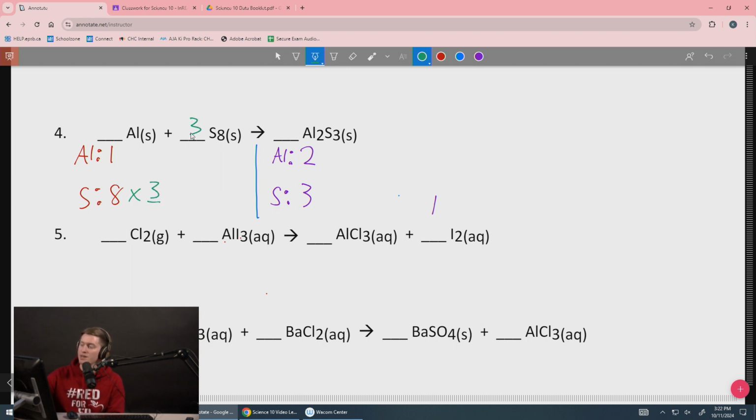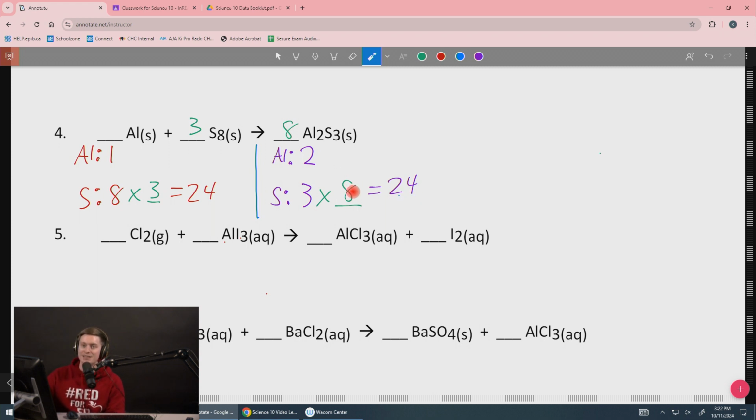So if I had 3 molecules of sulfur, which each have 8 sulfur in them, that means that I have 24 sulfurs, atoms of sulfur, on my reactant side. And if I multiply my 3 atoms of sulfur within my aluminum sulfide by 8, that's going to bring me to 24 atoms of sulfur on my product side.